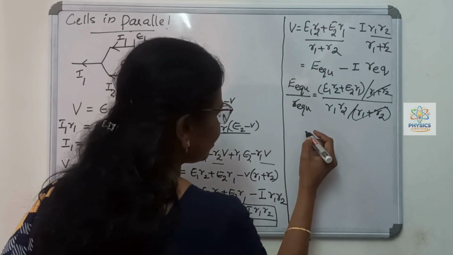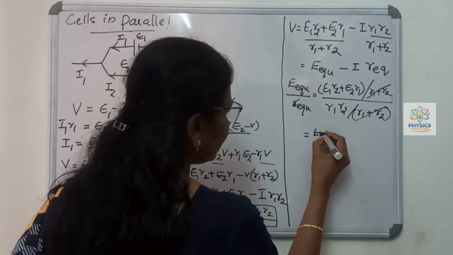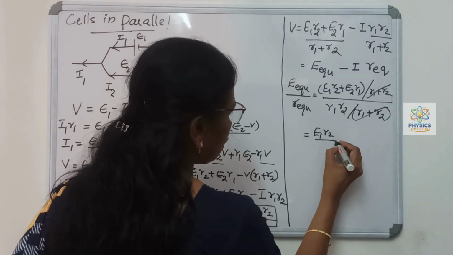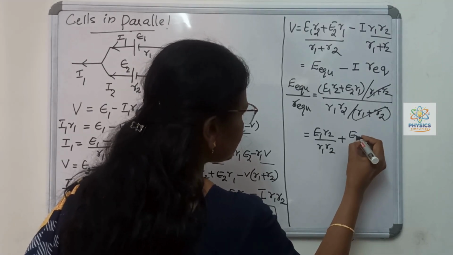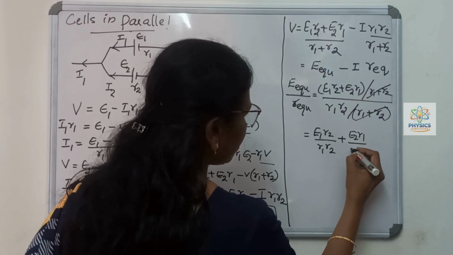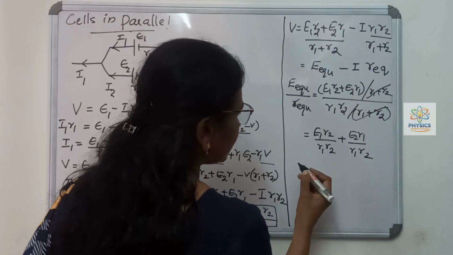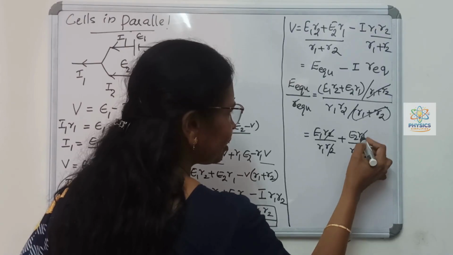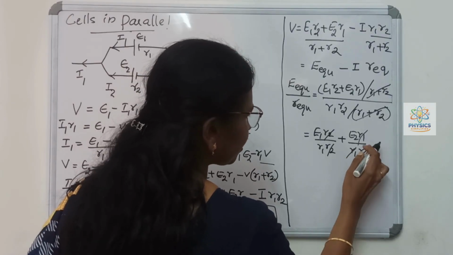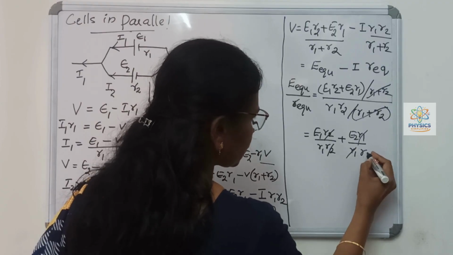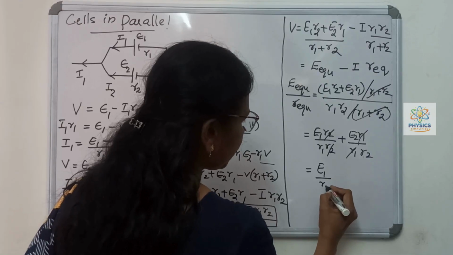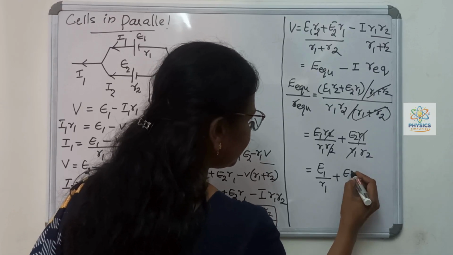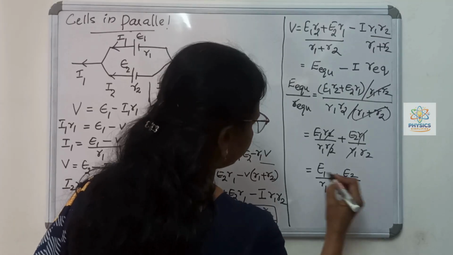Then we can write the same equation as E1 R2 by R1 R2 plus E2 R1 by R1 R2. Here R2 R2 cancel, here R1 R1 cancel. So we can write the term as E1 by R1 plus E2 by R2.